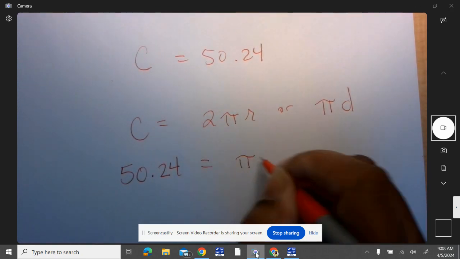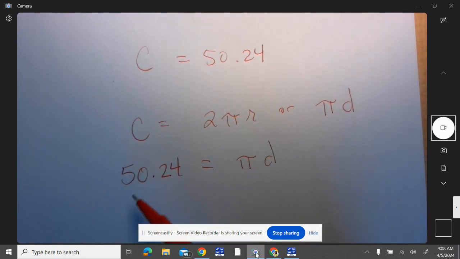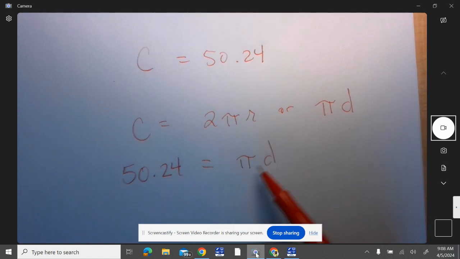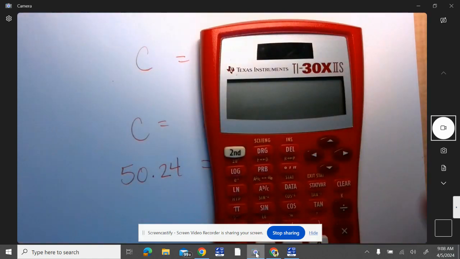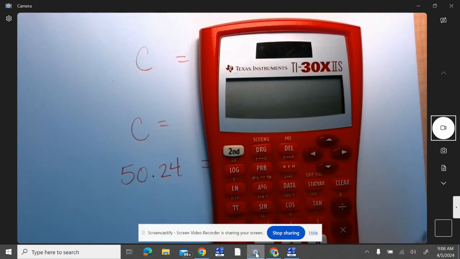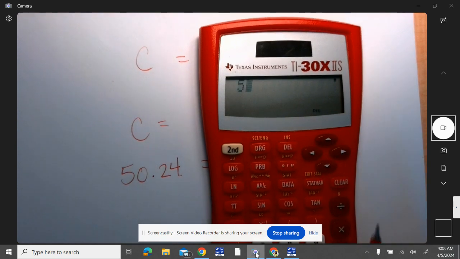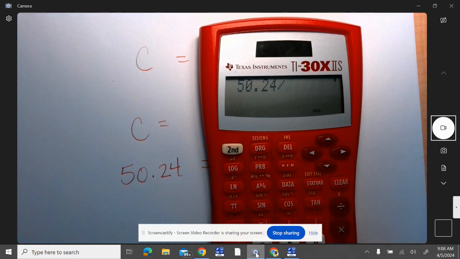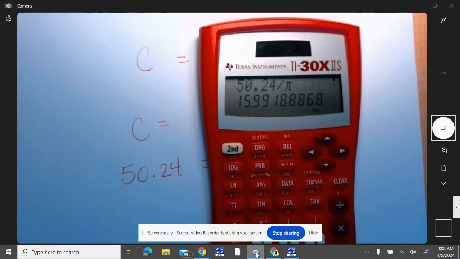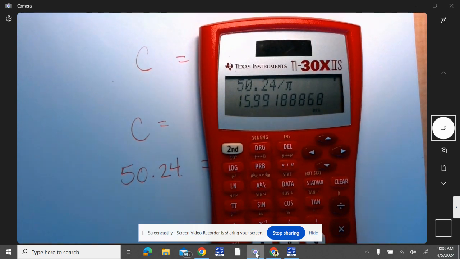If I'm doing pi d, all I have to do to get the variable by itself is divide by pi. So 50.24 divided by pi equals 15.991.